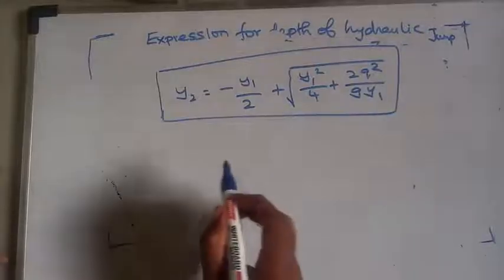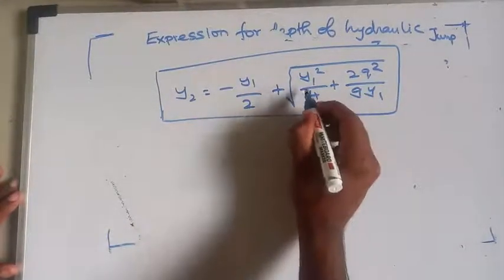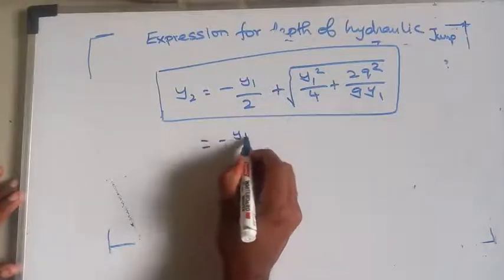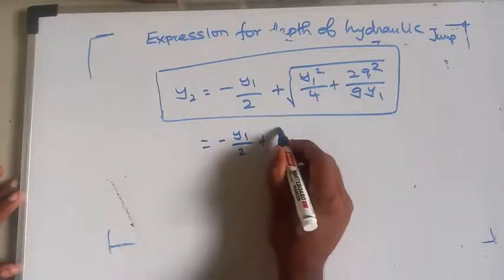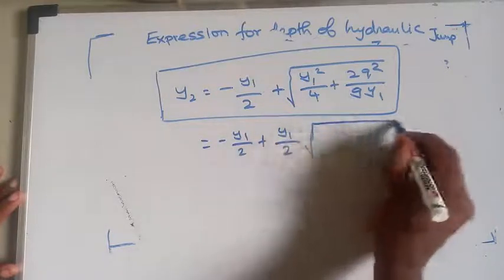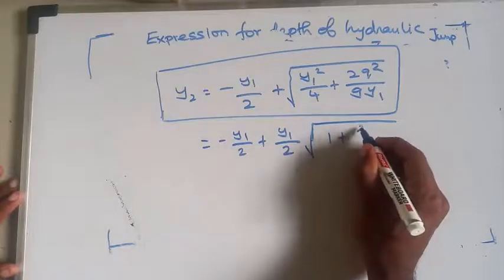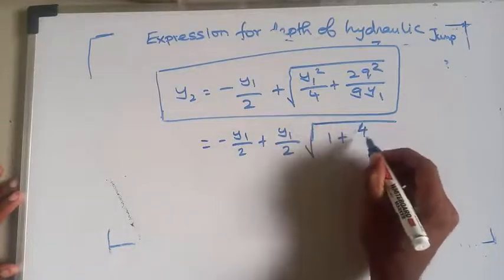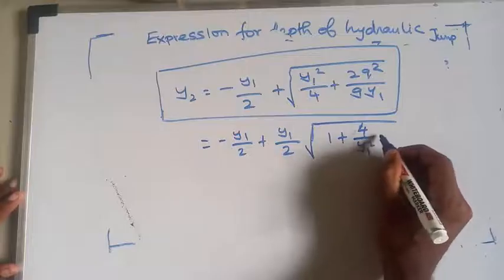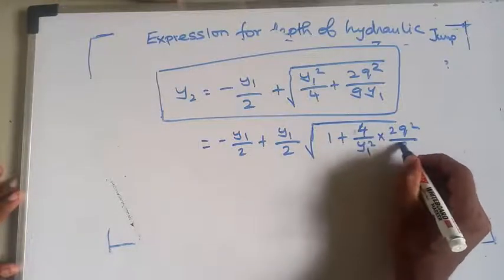Okay, let's discuss. Before that, we discuss one more thing. If I take y1 by 2 outside here, minus 1 by 2 plus y1 by 2, it will come as 1 plus 4 divided by y1 square into 2q square by g y1.